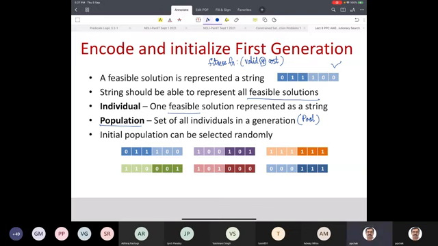So this is inspired from biology. What this picture shows may be an initial population. In the traveling salesman problem, you will randomly generate some 1000 such possibilities, you will throw away those which are not solutions, and you will only look at feasible solutions and create the first population.